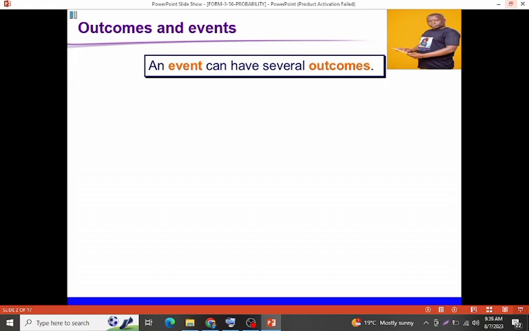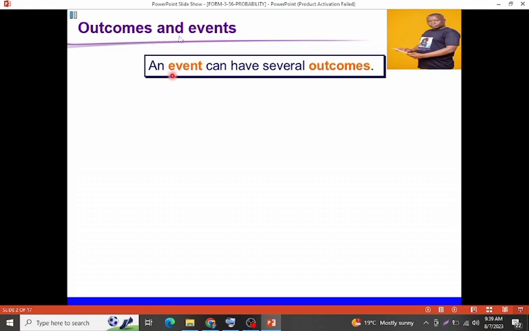Without further ado, let's look at some important terminology which are used in this topic, such as outcomes and events.